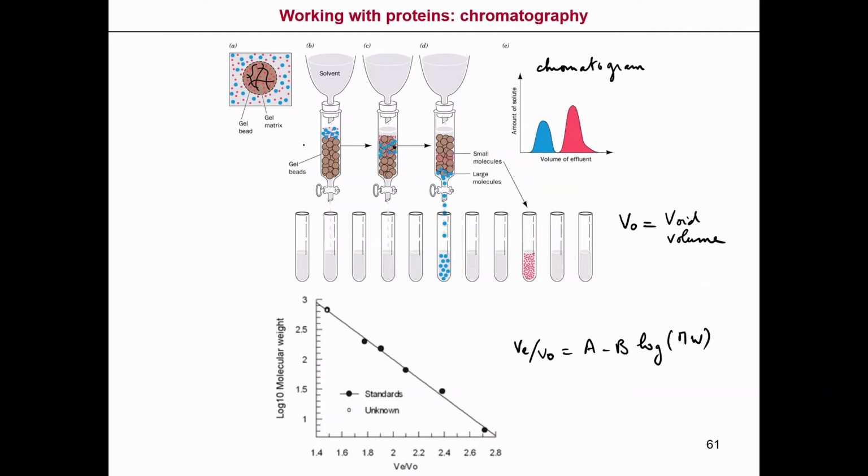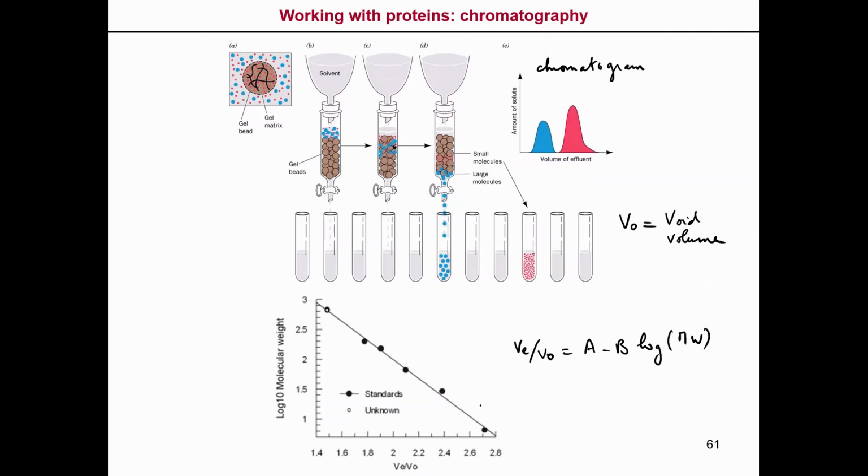You make this experiment with standard proteins, that is, proteins whose molecular weights you know, and you plot this standard curve. You do the same with your unknown protein, and you can calculate its molecular mass. We will have an exercise about that.